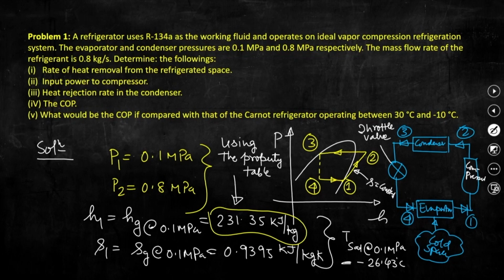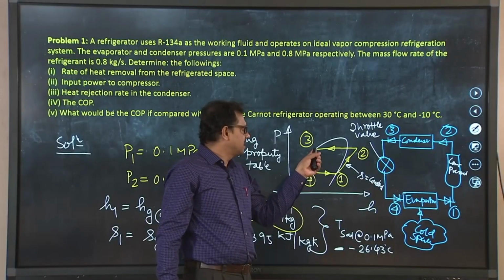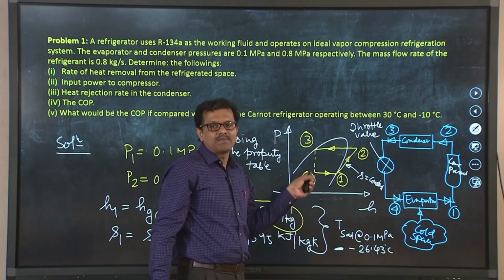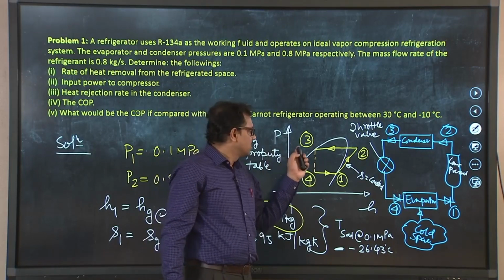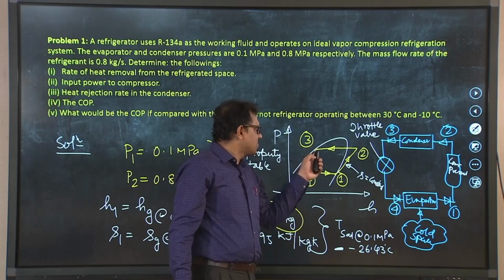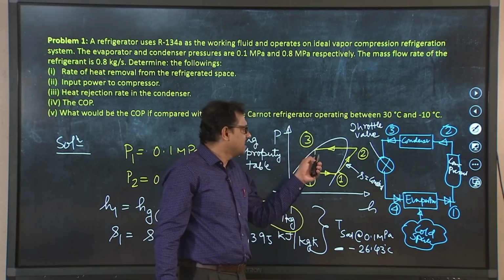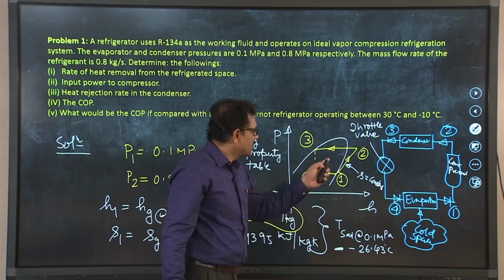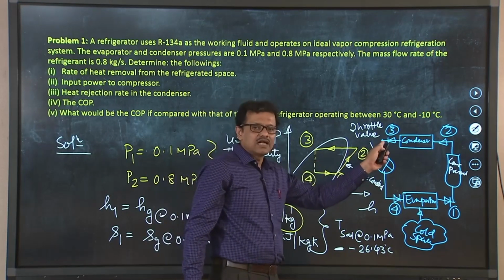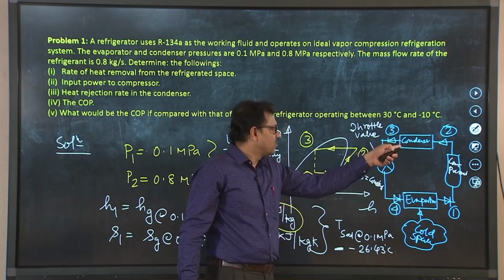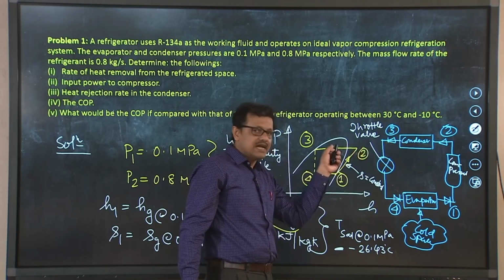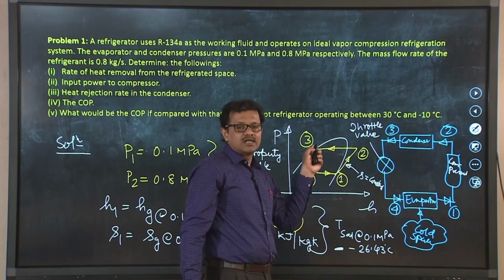If we can calculate enthalpy at state point 3, then we have no need to calculate enthalpy at state point 4, because this is the process for which enthalpy before throttling is equal to enthalpy after throttling. So, H4 should be equal to H3. Now, to calculate this enthalpy, what is the clue? The clue is the process 2 to 3, that is the condensation process for which heat should be rejected. Now, the process terminates at a saturated liquid line.